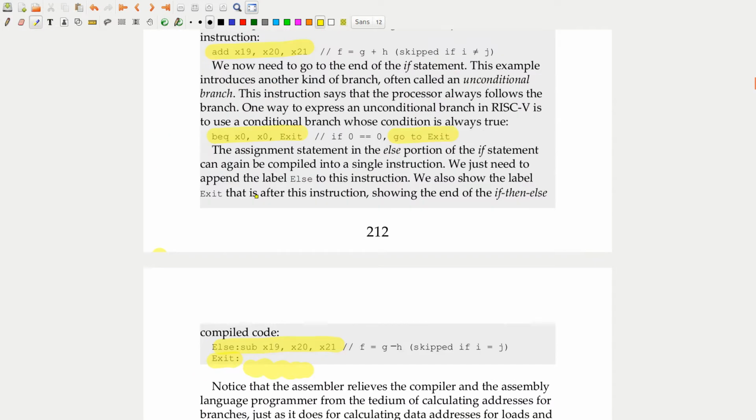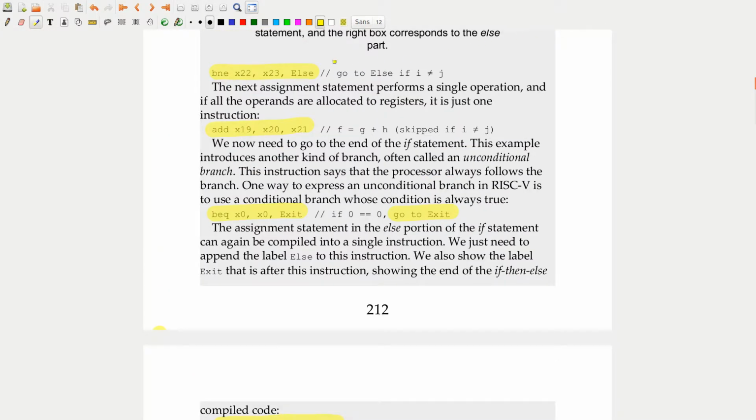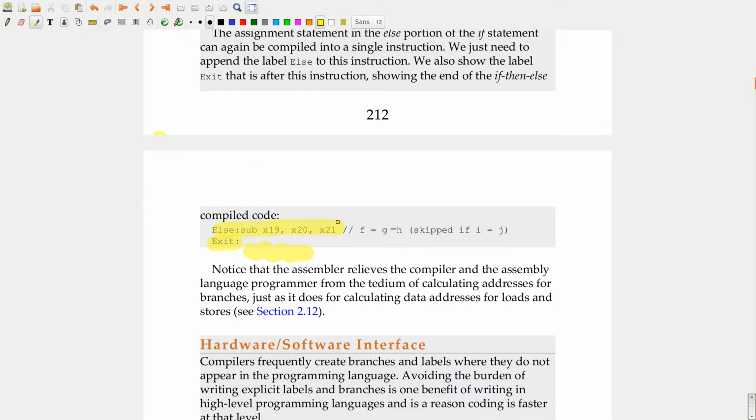So just like we saw right here, that we could branch from all the way up here in the program down to else, or we could branch to the exit of the program. We can also branch behind us. We can go to a previous address, and so that's how for loops work.